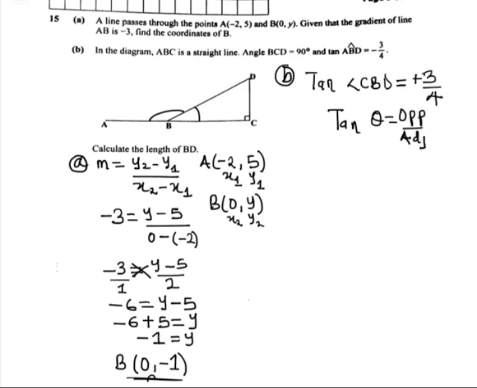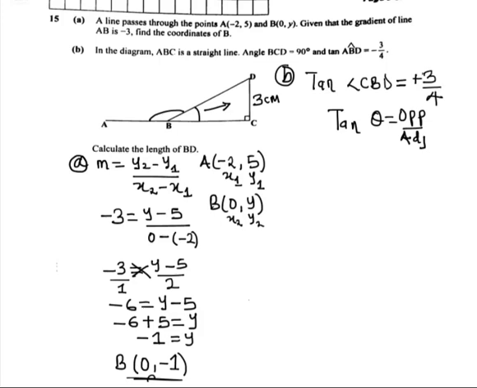So with reference to what we've written on tan of angle CBD, which is equal to 3/4, the side opposite to the angle CBD is simply the side CD. So we are going to put CD as 3 centimeters.